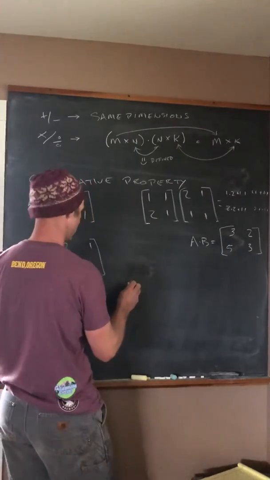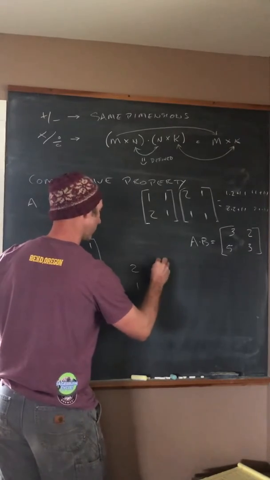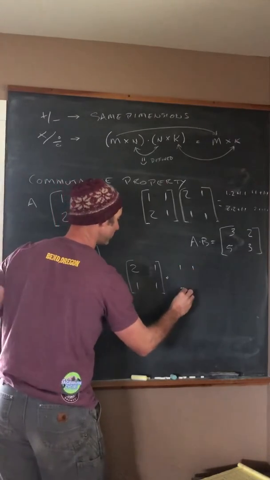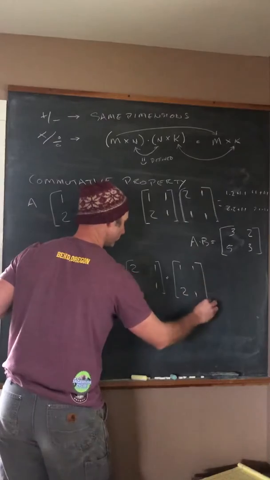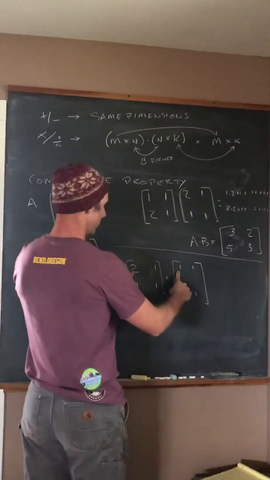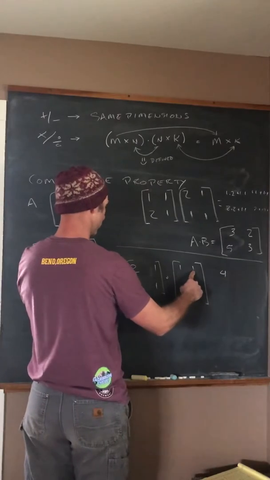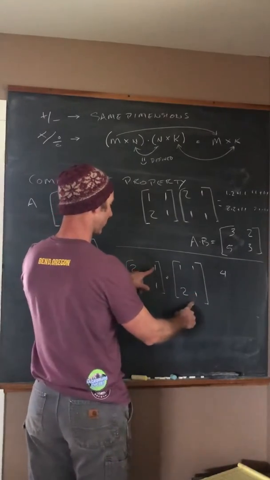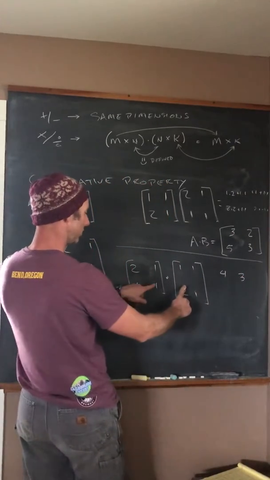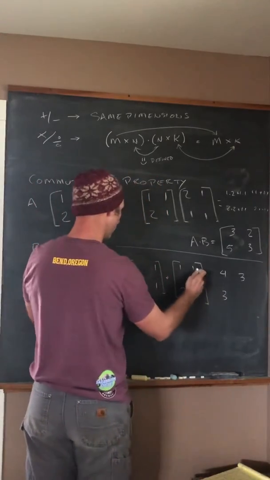B times A. So 2, 1, 1, 1 times 1, 1, 2, 1. Let me emphasize what we're doing here. So 2 times 1 plus 2 times 1, 4. 2 times 1 plus 1 times 1, 3. 1 times 1 plus 2 times 1, 3, 1, 1, 2.